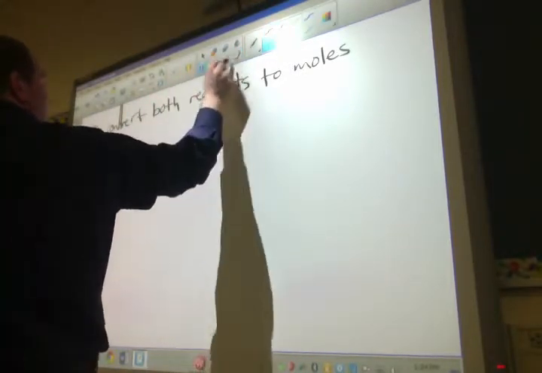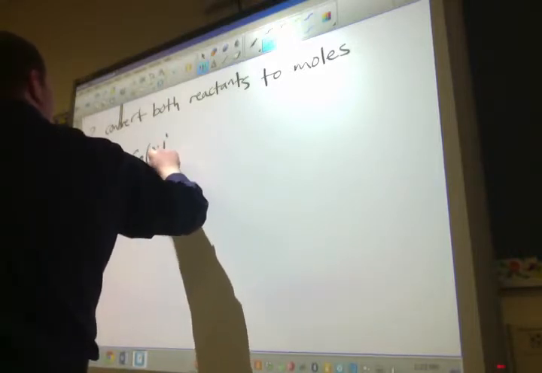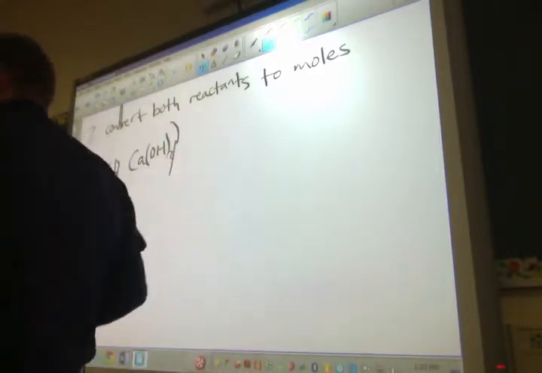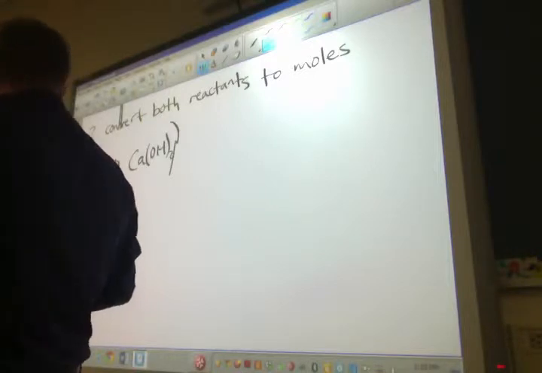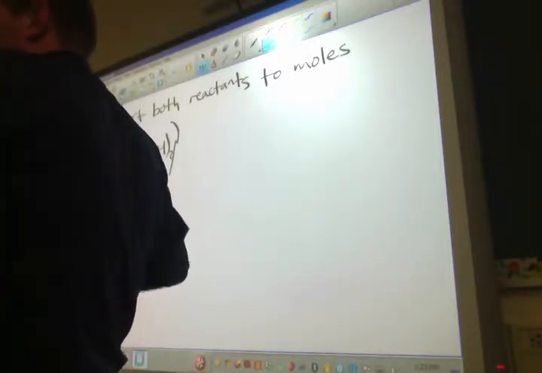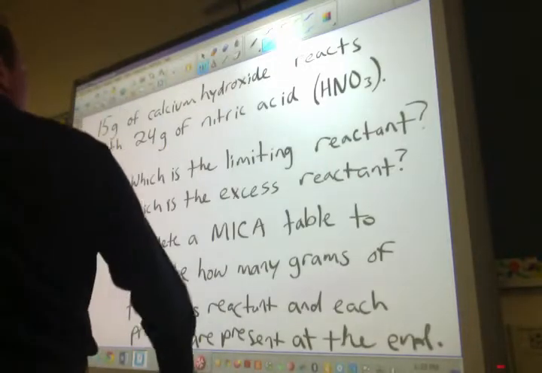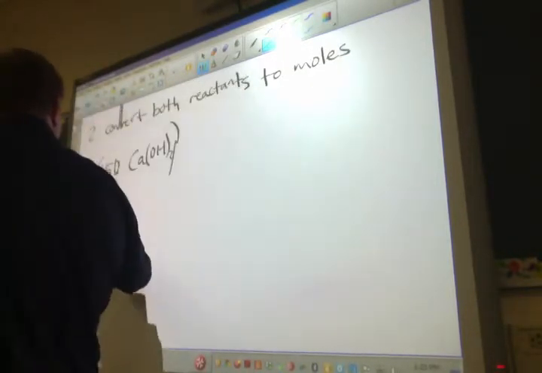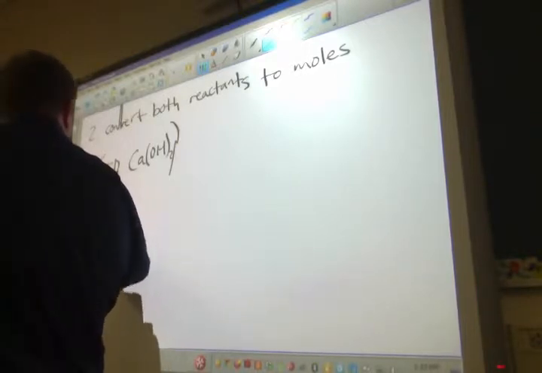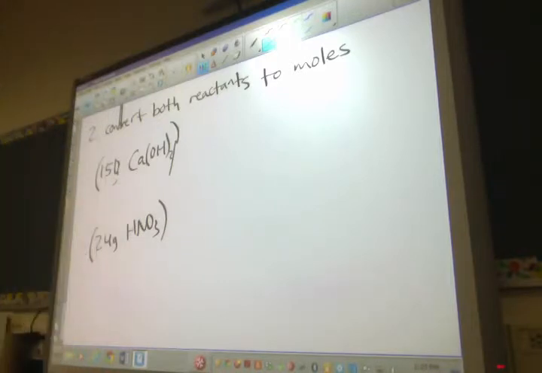Can I get both of these tables to compute this for me? Convert that to moles, so we'll compare. 15 grams calcium hydroxide. Other table, we're going to do 24 grams of HNO3. Could I have both of these tables calculate that to moles?